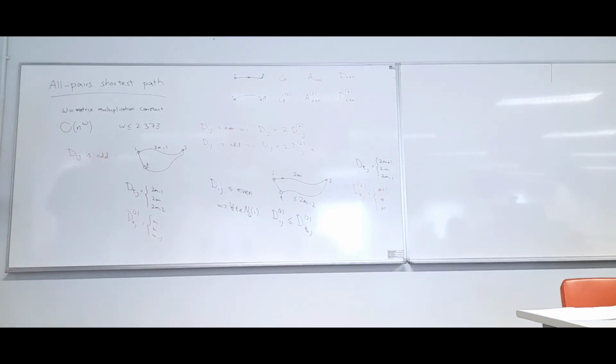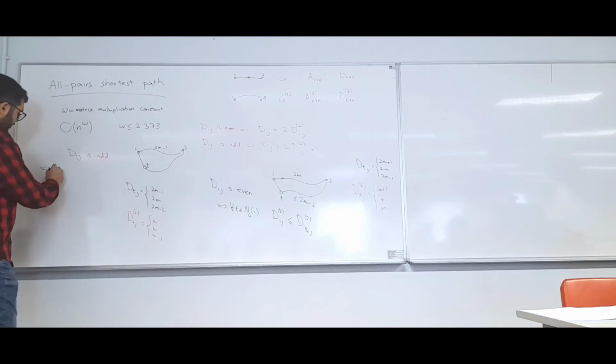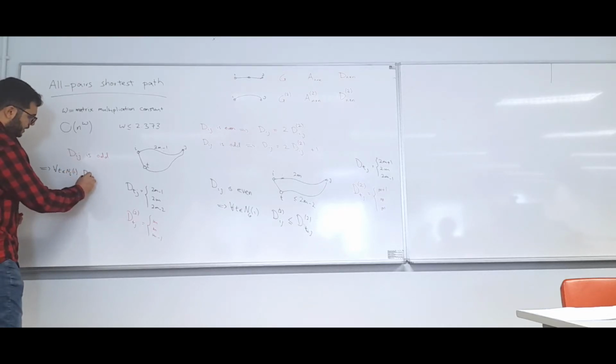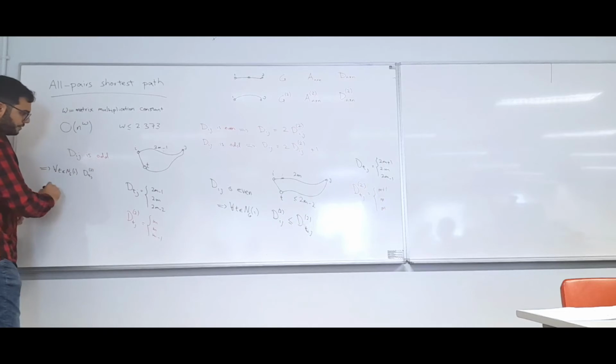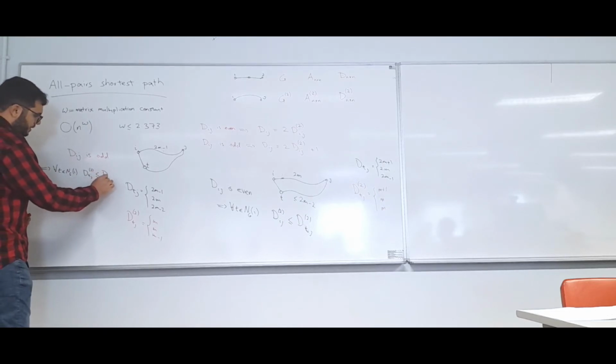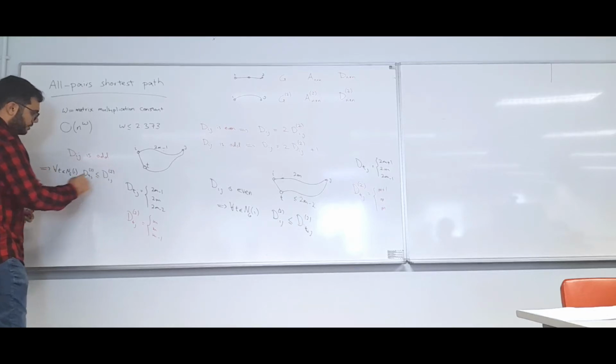Okay? So if the distance from I to j is odd, then I can say for every t, which is a neighbor of I in the original graph, the distance from t to j in the new graph is less than or equal to the distance from I to j in the new graph.